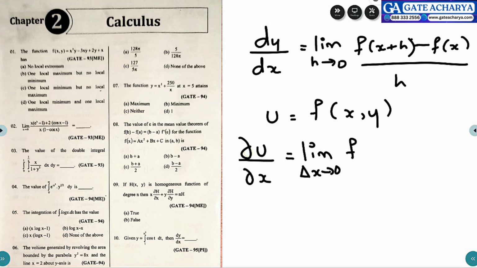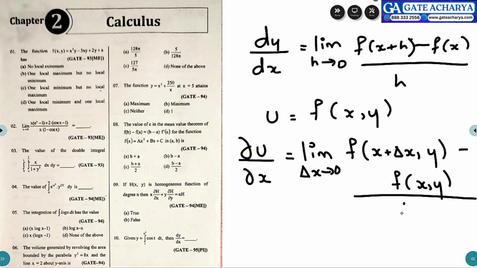Where am I going to provide the increment? Only in the x part. The y part I keep as it is. I don't change the y part. I provide the increment only in the x part. This is what a partial derivative looks like. Minus the original function. What is the original function? Whole divided by what?